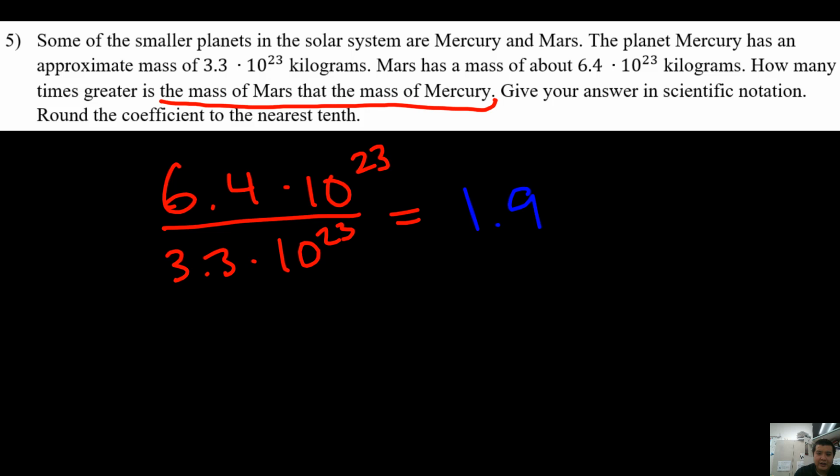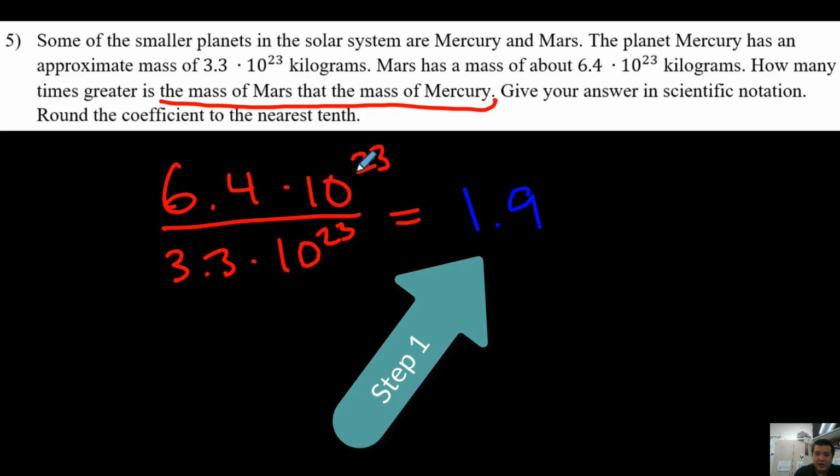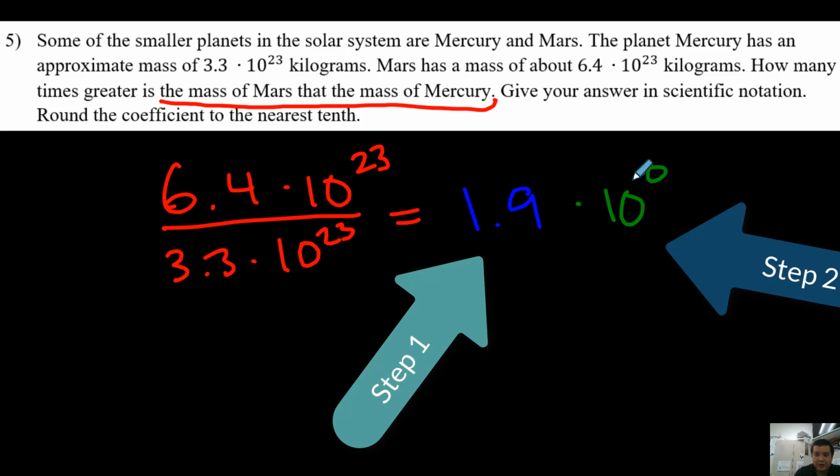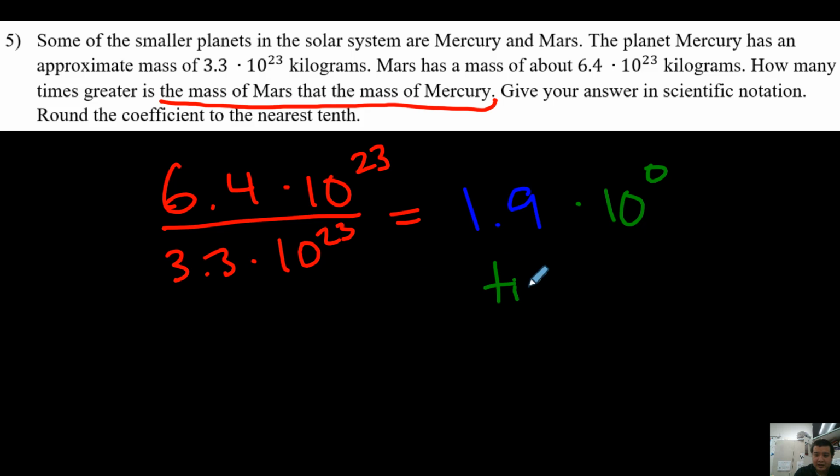And then we're going to divide 10 to the 23rd by 10 to the 23rd, which gets us 10 to the 0, because we're going to write in scientific notation. So it is 1.9 times 10 to the 0 times bigger, and we don't need to change it because it is already in scientific notation.